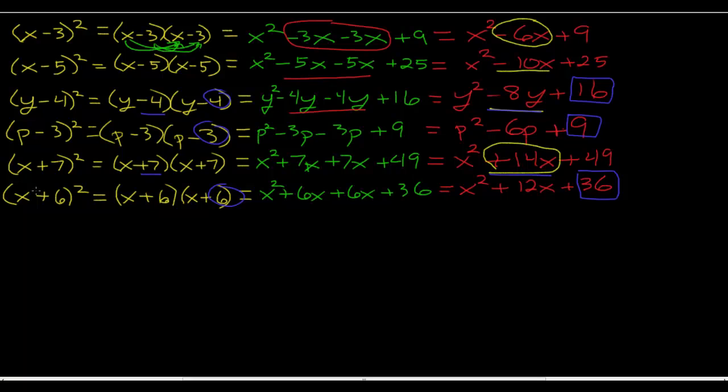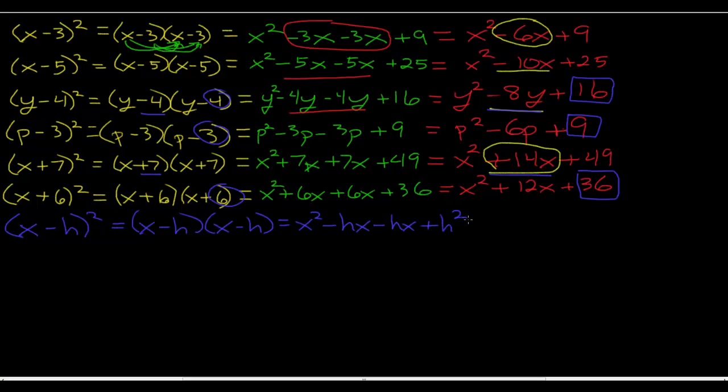So can we generalize? If we have x minus h squared, h can be any constant we want. We're going to have x minus h times x minus h, and we're going to get x squared minus h many x's, subtract another h many x's.